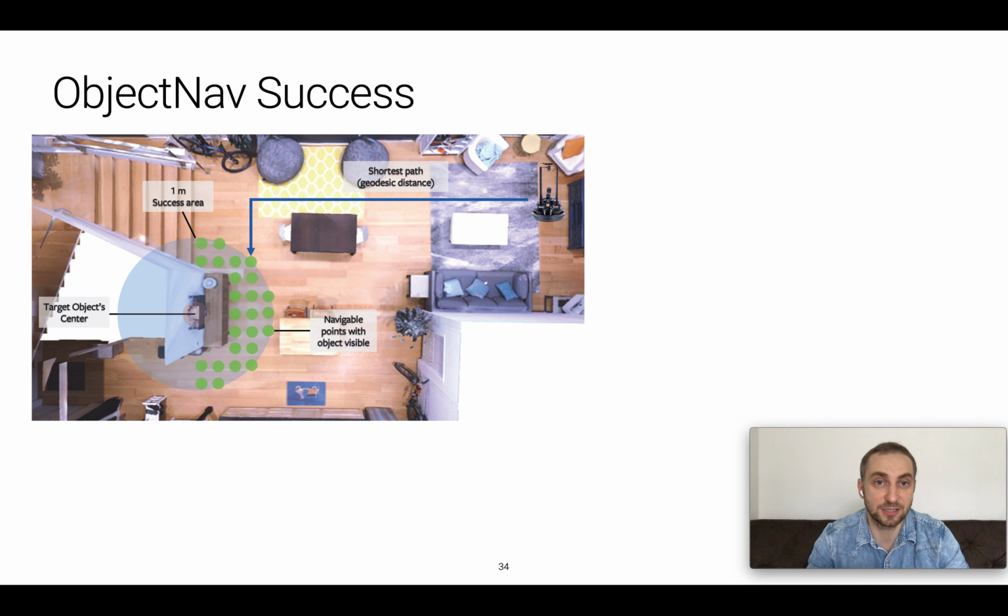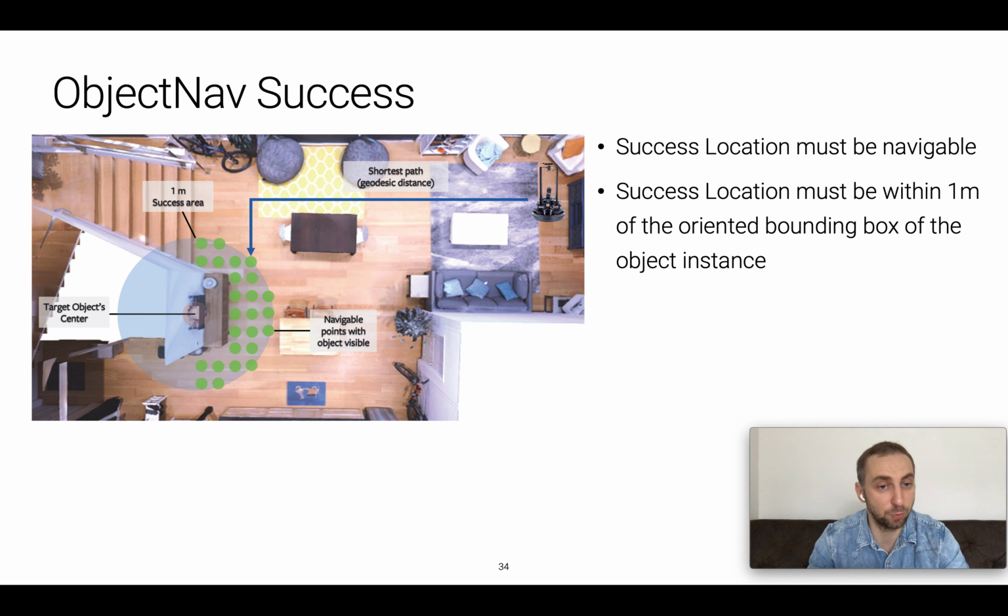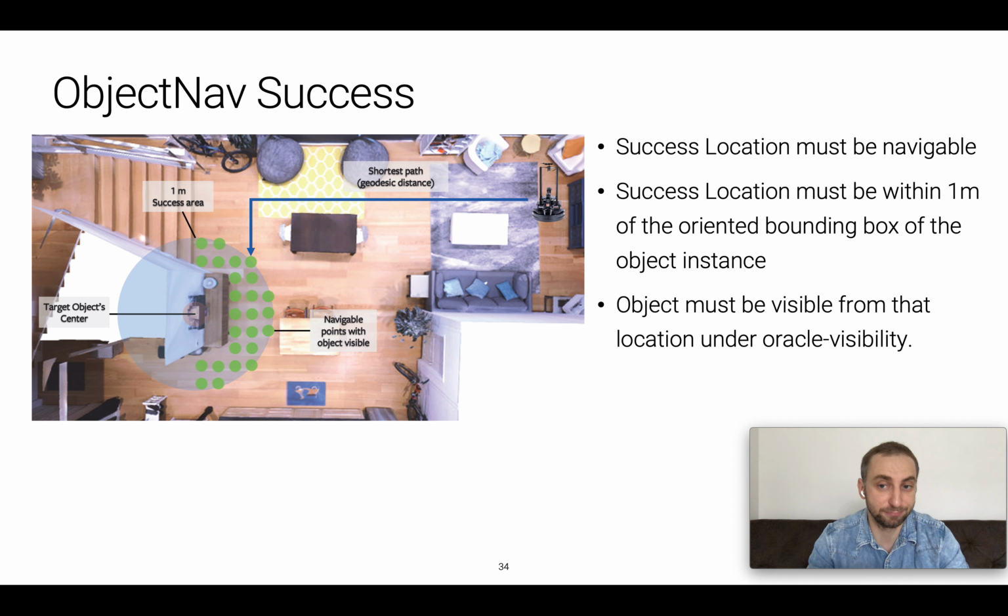ObjectNav success is defined as a number of navigable points around the object with a 1 meter success area, but from these navigable points the target should be visible, with Oracle visibility, so you can turn to the goal.